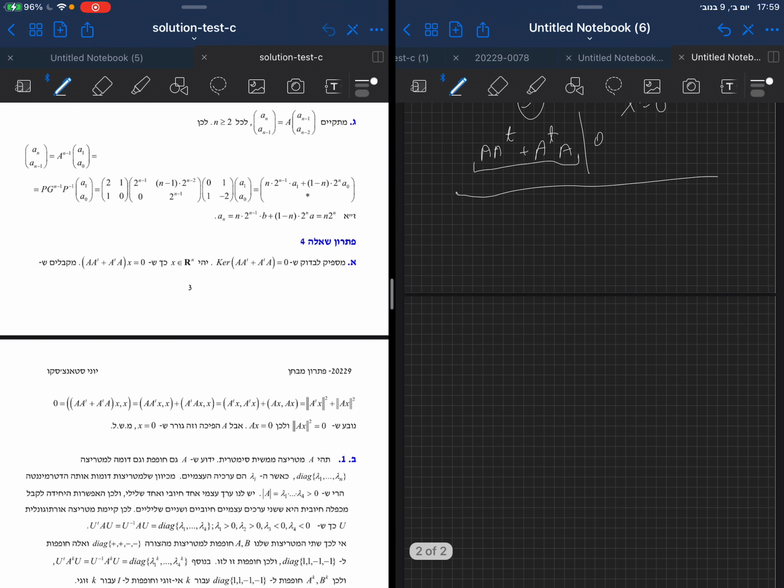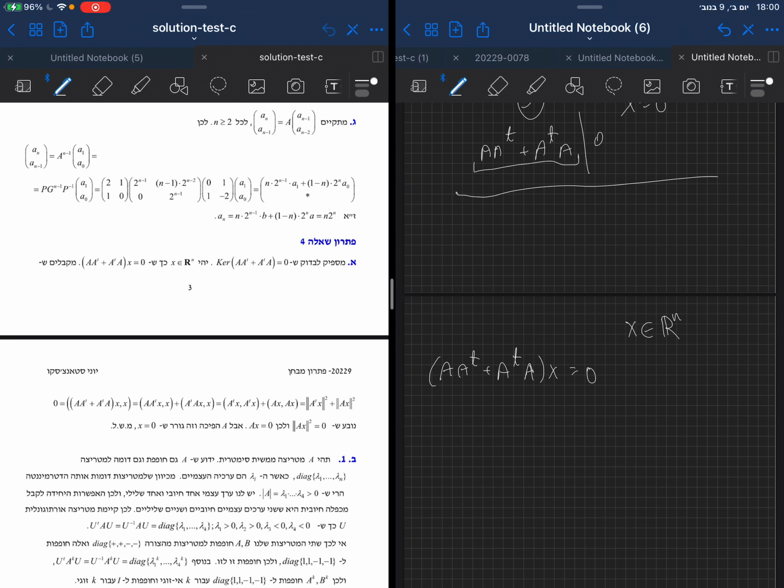Okay, so how can we do it? Let's look at the solutions for the homogeneous system, for the kernel. Let x be some vector in Rn such that it is a solution for the homogeneous system A transpose plus A transpose A times x equals 0.